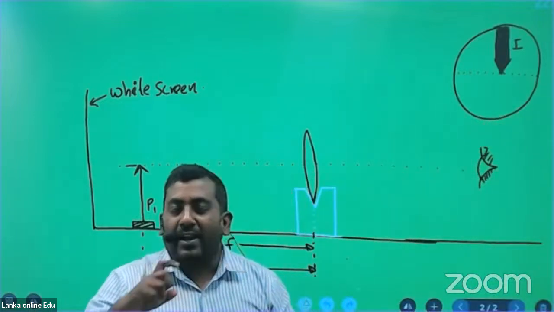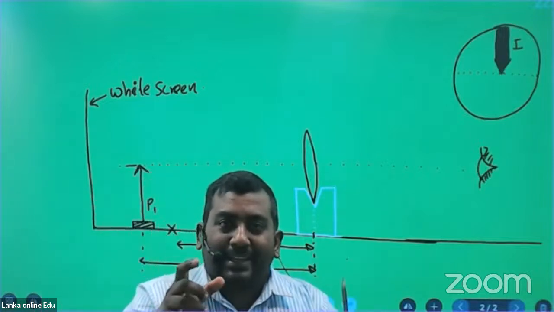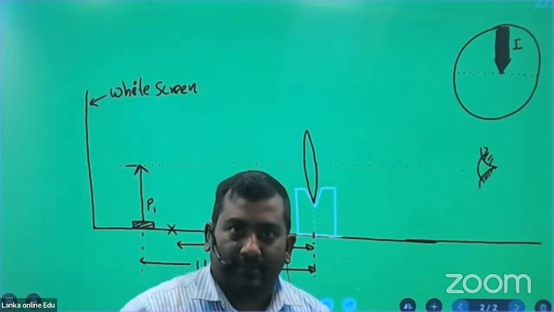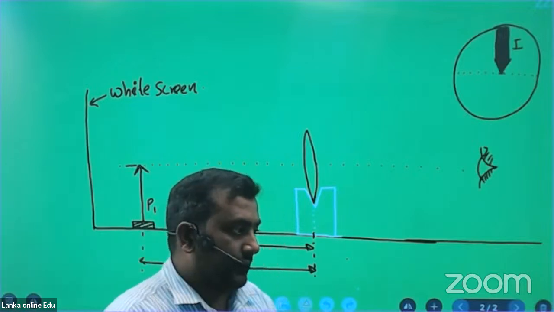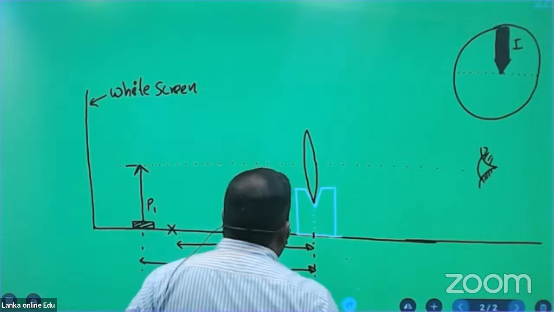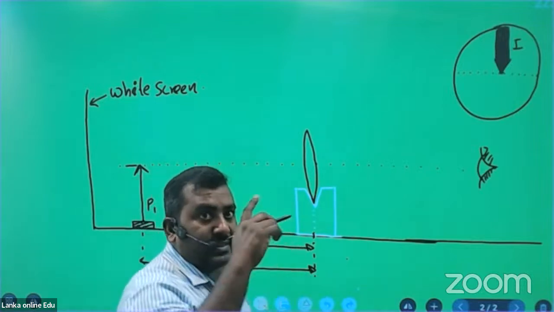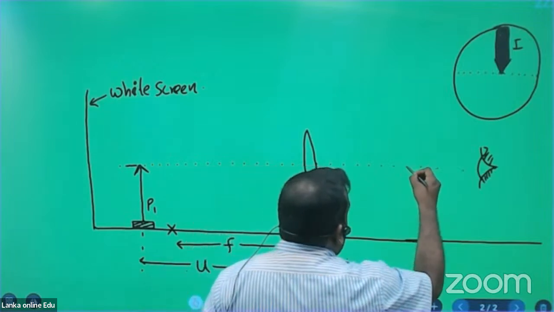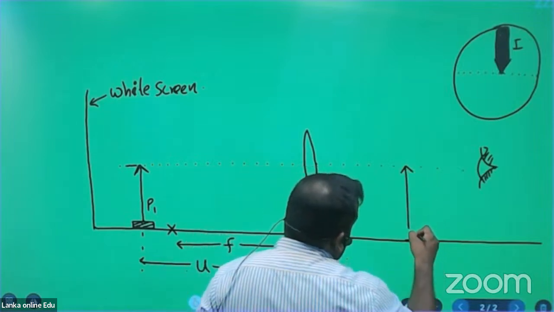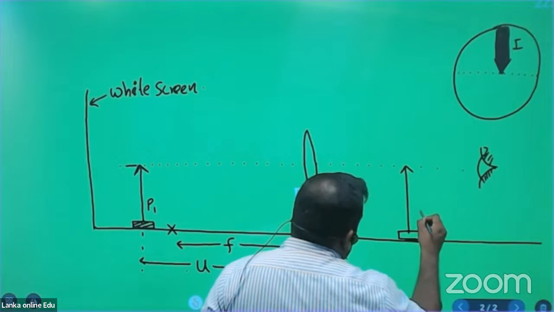To identify this image, we use a method called the no parallax method. Now, what is this method? Look at the word carefully. We use another pin, and we keep that pin like this in front. I'll name that pin P2.